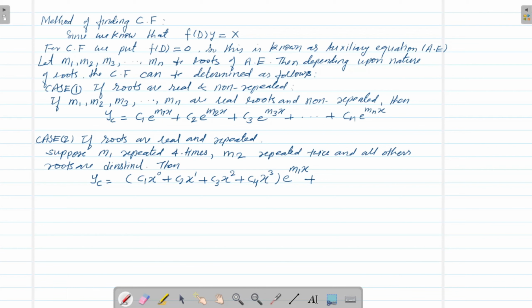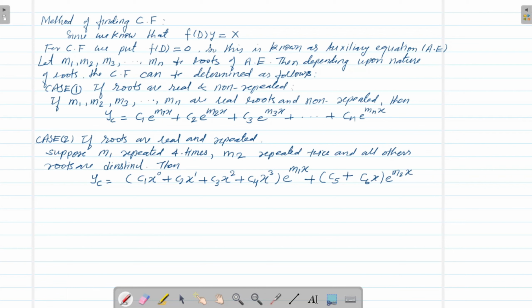Then yc equals c1 x raised to 0 plus c2 x1 plus c3 x square plus c4 x cube into e raised to m1x. And for m2 repeated twice, since constants c1 to c4 are already taken, we take another constant, c5, plus c6 x into e raised to m2x.